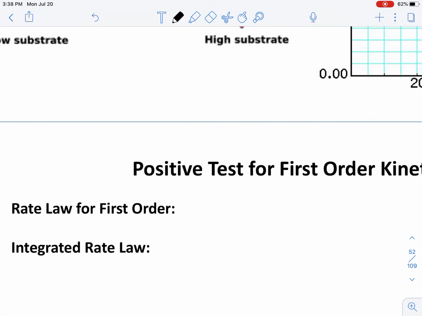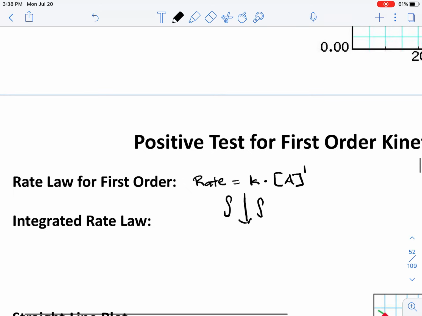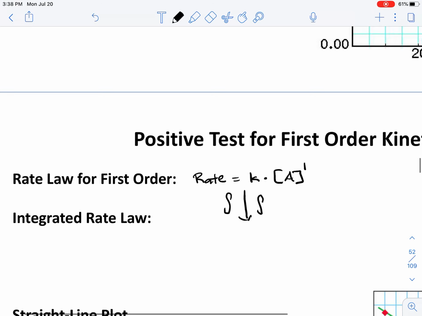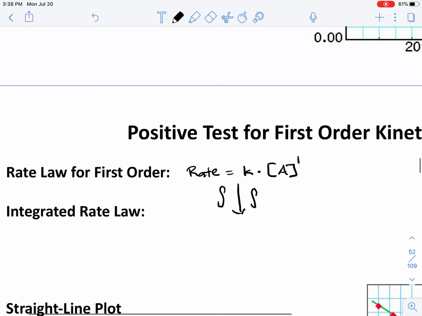So I want you guys to recall that the rate law for first order is going to be: rate of reaction is equal to some rate constant k times the concentration of A raised to the first power. Now if we integrate this rate law, so this is the symbol of integration, this expanded S, what we're going to eventually get, and I'm not going to show you guys the proof.